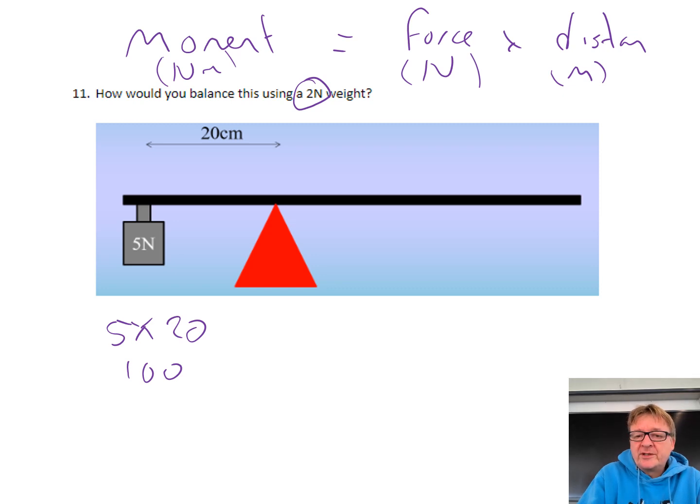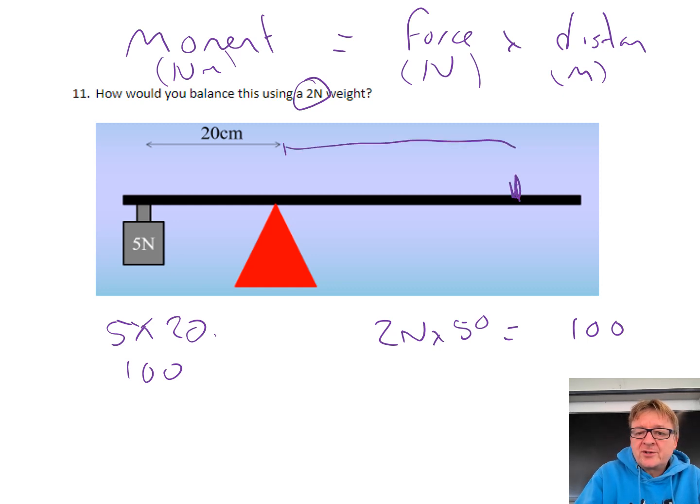Normally if it's a calculation you convert that into meters, which is 0.2. And on this side, I've then got 2 newtons equals 100. So what number am I going to multiply the 2 by to get up to 100? That would be 50. So I would put my mass there, which is 50 centimeters, a 2 Newton mass there.